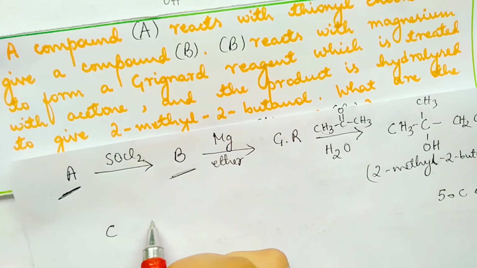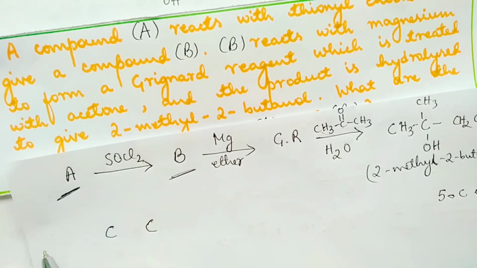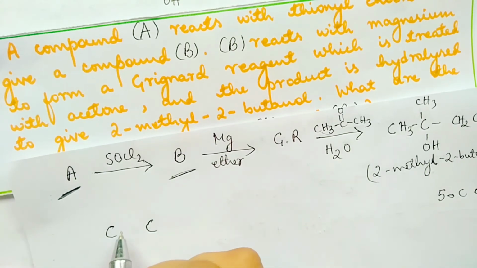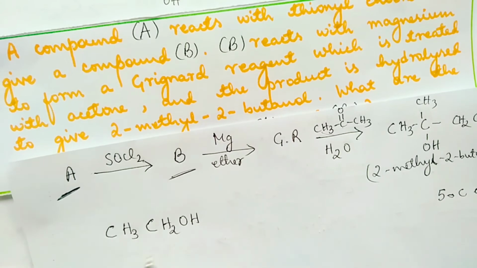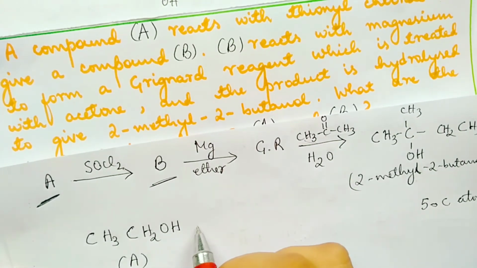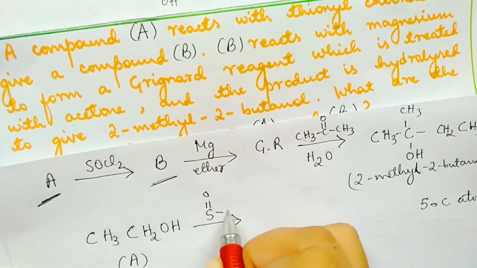Two carbon atoms. And we know that alcohol reacts with thionyl chloride, right? So here it should be ethyl alcohol. So this is your compound A. This one is made to react with thionyl chloride.